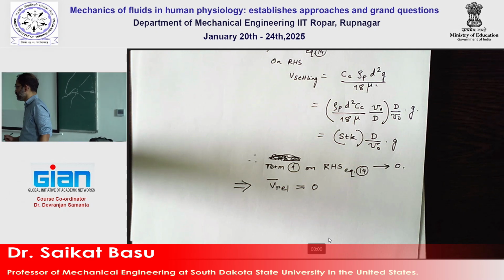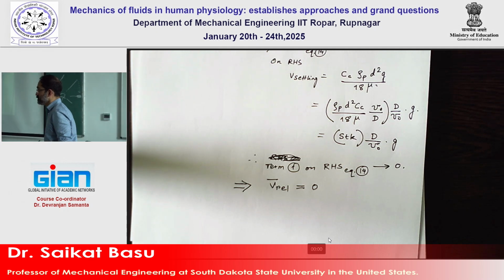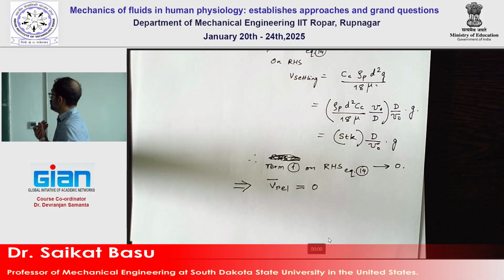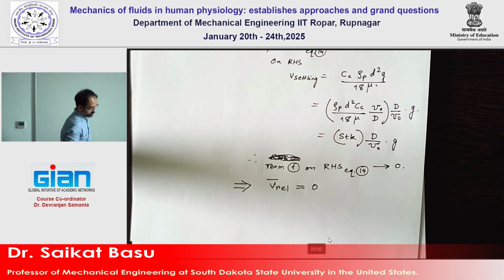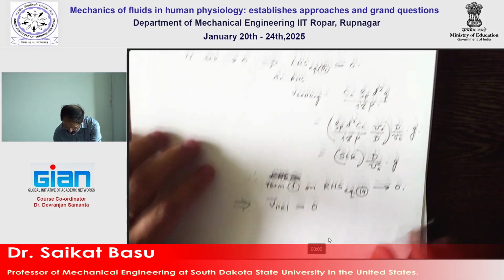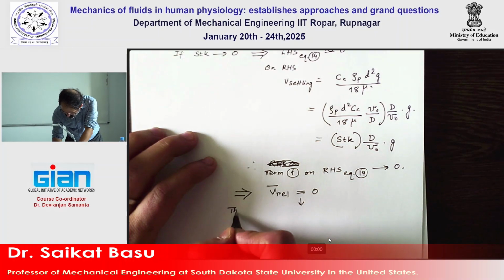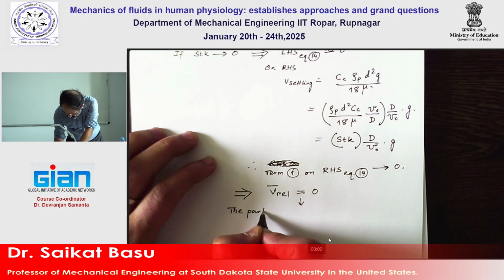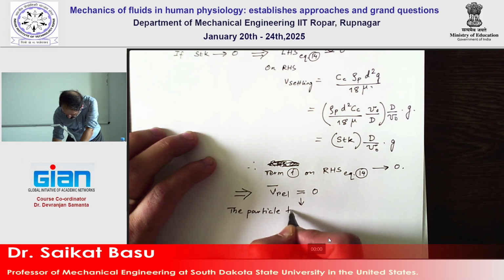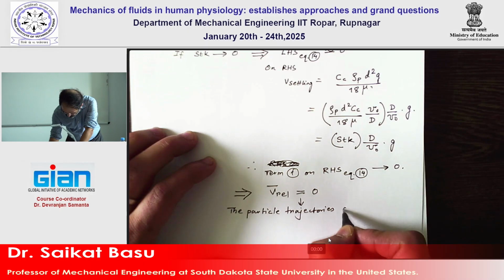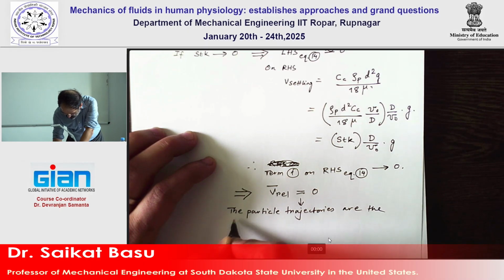What does it tell us? What is it when v relative is 0? That means that the velocity of the particle and the velocity of the fluid are the same. So this implies that the particle trajectories are the fluid streamlines.